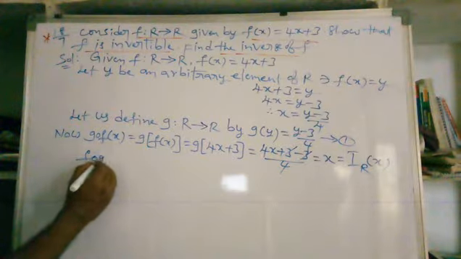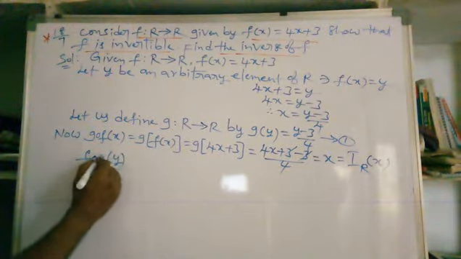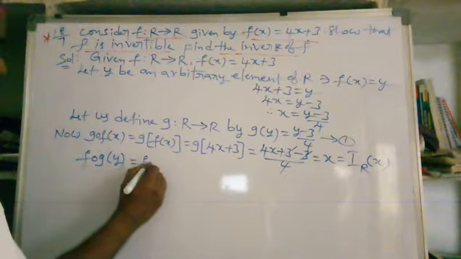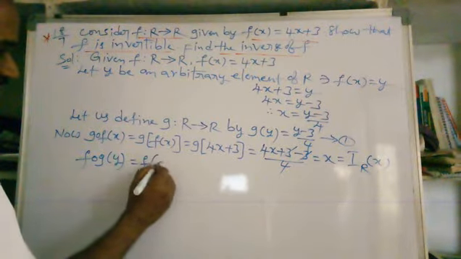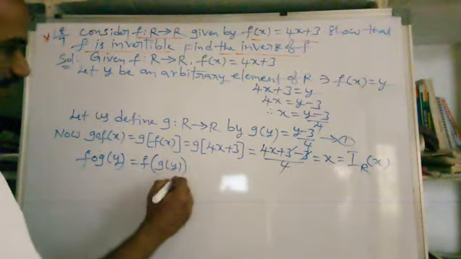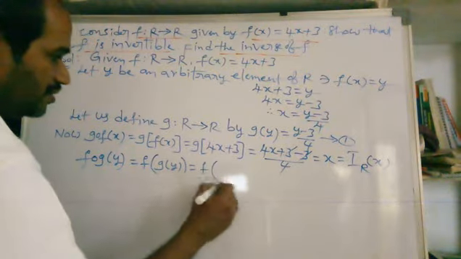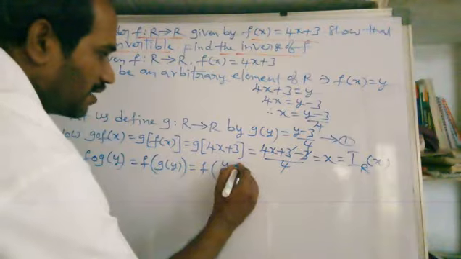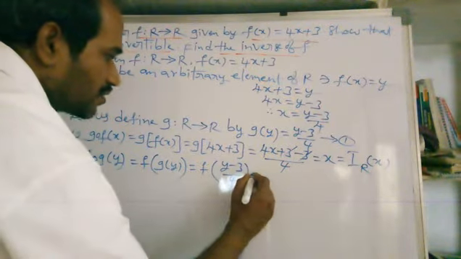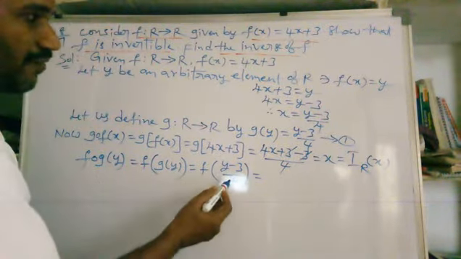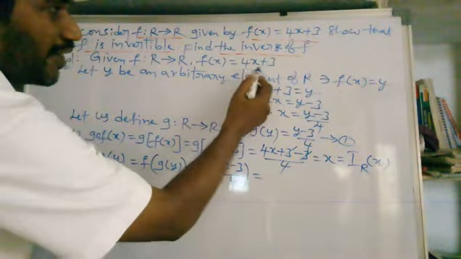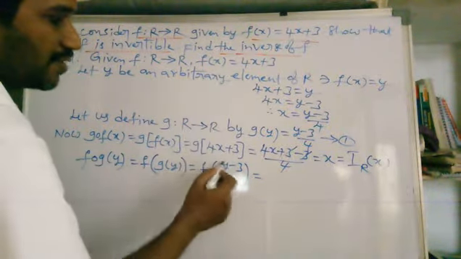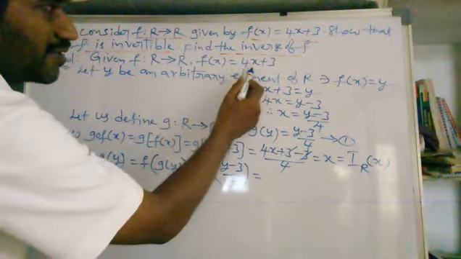Here f circle g of y is equal to f of g of y, which is f of y minus 3 by 4. It is of the form f of x, where f of x is 4x plus 3.